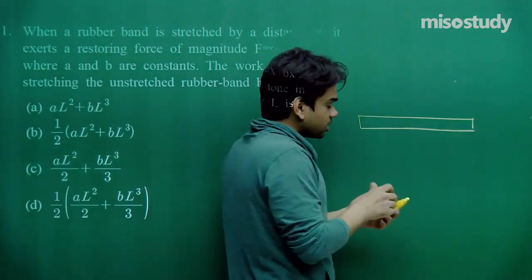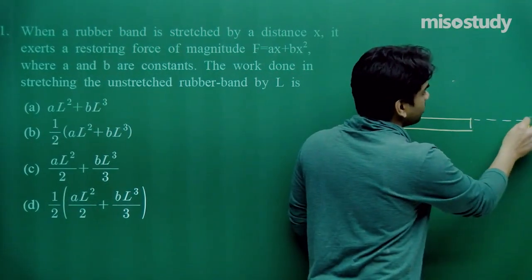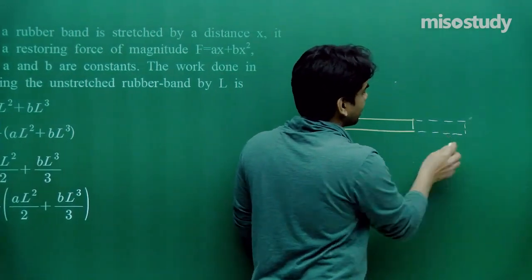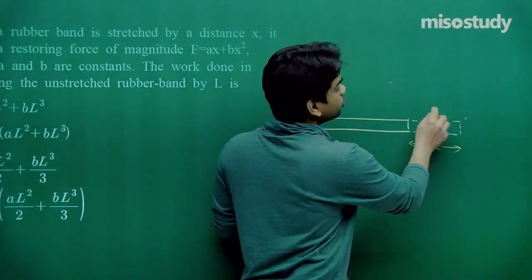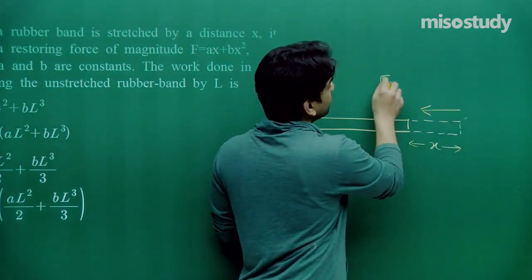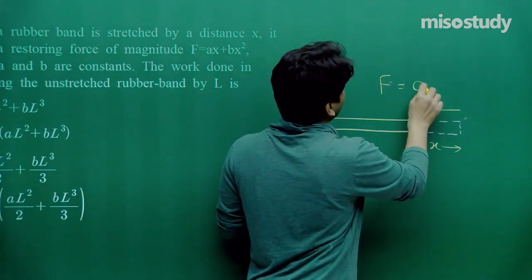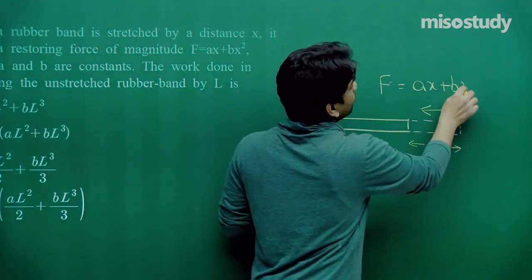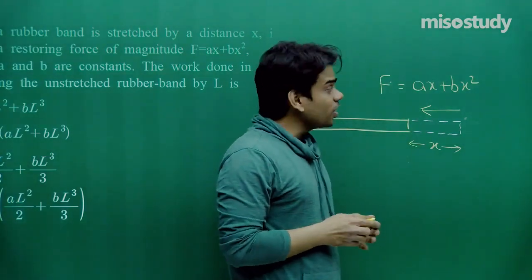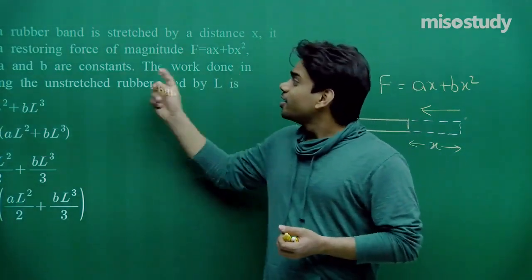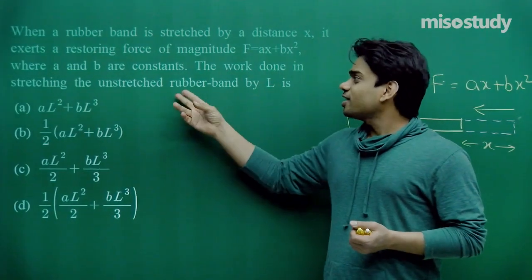Now if I stretch it through some length x, the restoring force acting on it is ax plus bx square. So it depends upon the distance x. It's not constant.